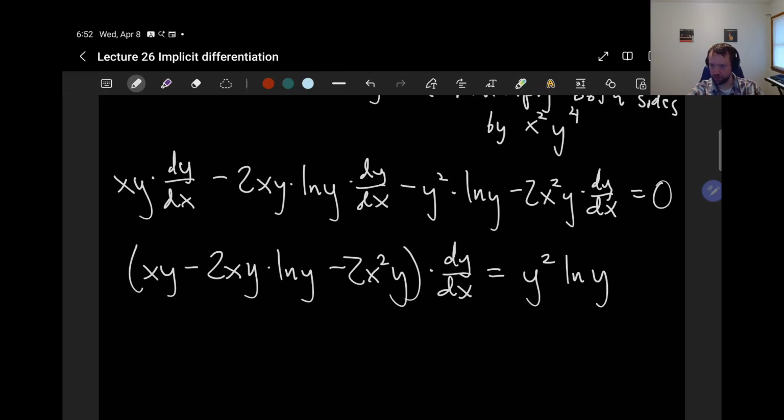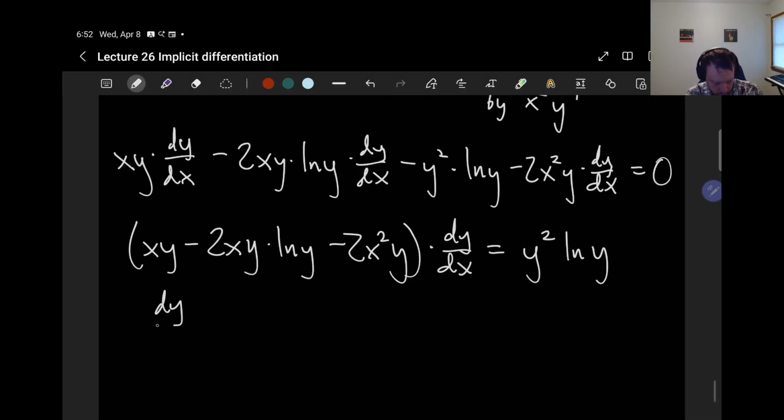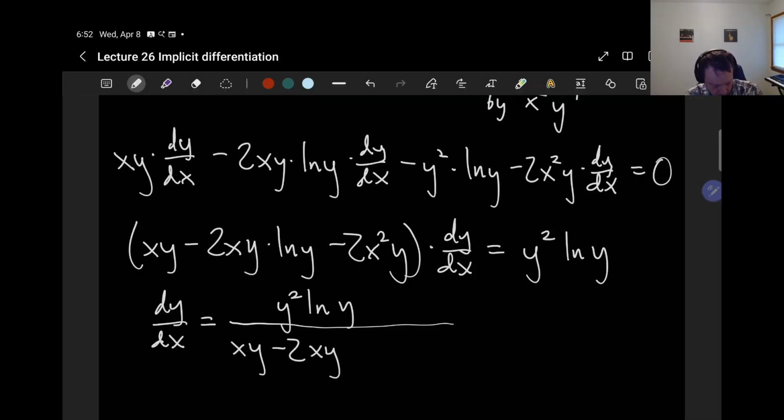And now I'm ready to solve for dy dx by dividing. dy dx equals y squared ln of y over this big thing here. And how about I check my work real quick? That was a lot. Okay.